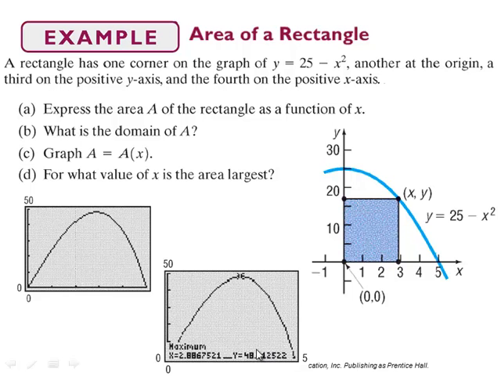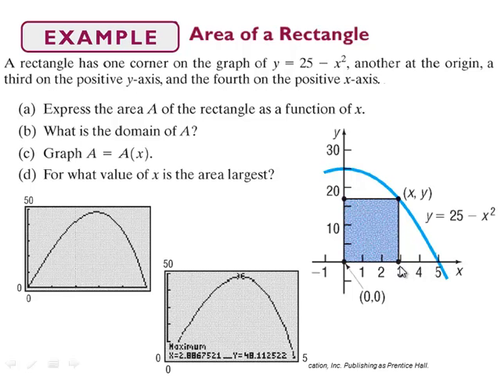This right here is the maximum area of a rectangle that we can inscribe in the first quadrant under the curve. For any other value for x here, we'll get a rectangle that has a smaller area.